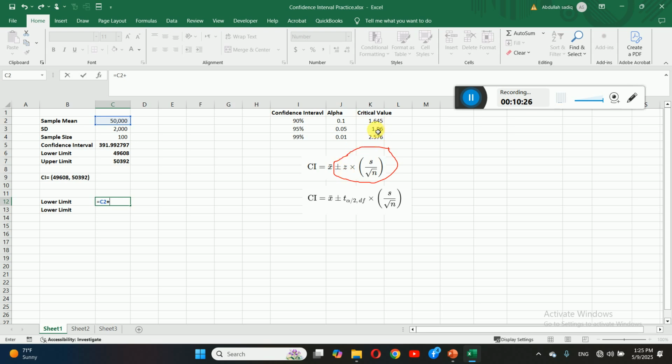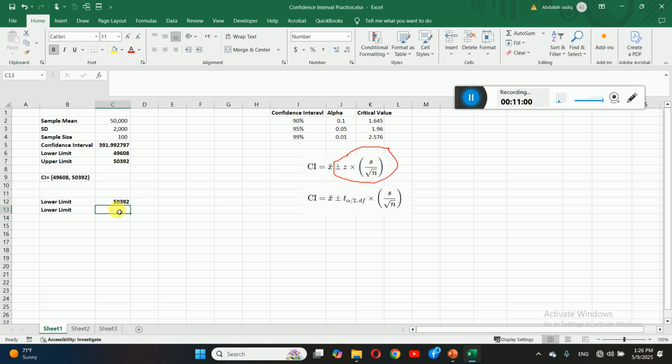Just click on this, and then multiply, because in the formula Z is multiplied by s over the square root of n. So multiply by the standard deviation, and divide by the square root of n, which in our example is 100, and just press enter. Look, dear student, the same answer is given. Earlier we used the function automatically; here we have manually plugged all these values into the formula.